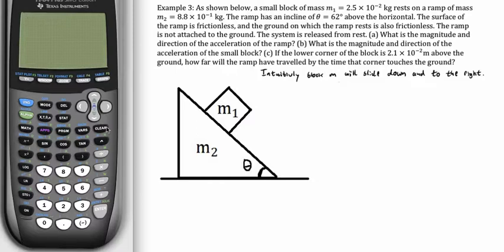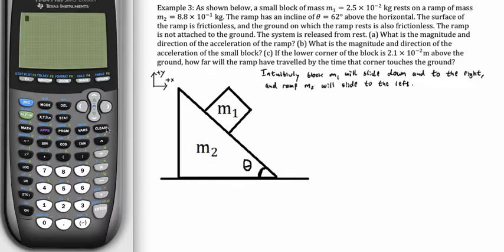All right, so I'll go over here and define our coordinate axis. So we're going to have positive x over here, and then positive y in this direction. And so that's block M1. And ramp, M2 will slide to the left. That's certainly what's going to happen.